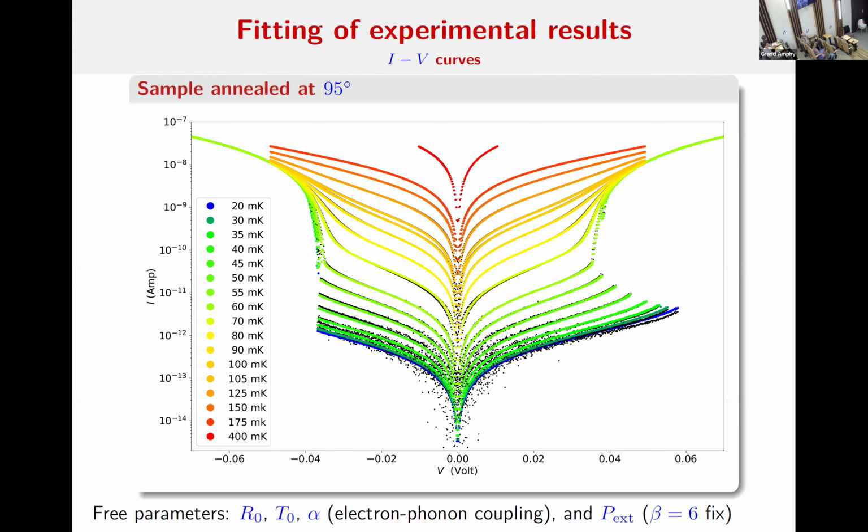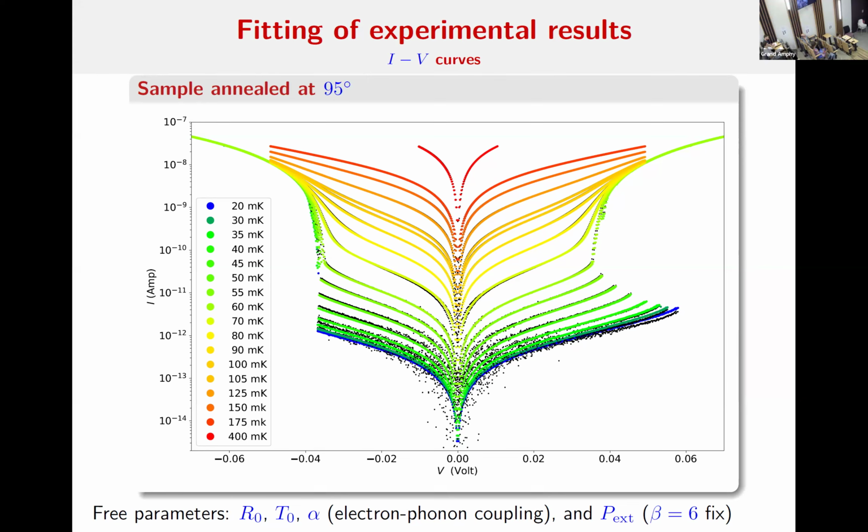And the funny thing is that the global fitting gives basically the same result as the linear regime, where you can obtain R0, T0, and P external. So it's clear that the hot electron model works extremely well. I think there are few experiments where you can see such an agreement with just 4 parameters, between so many curves, and precisely with such big jumps.